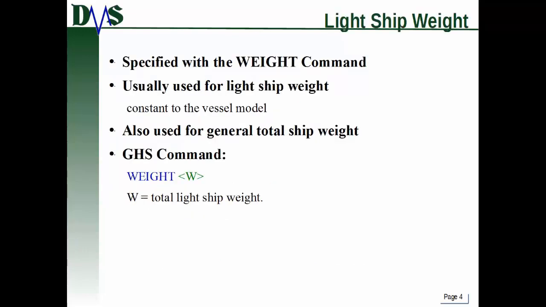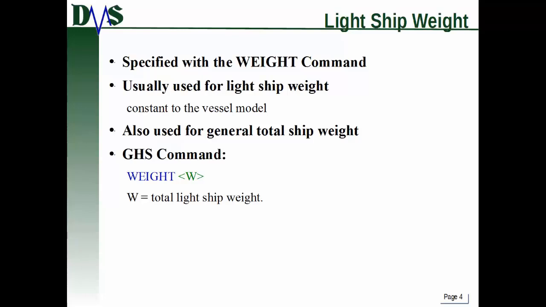Okay, so let's talk about light ship weight. This is specified using the GHS weight command, and this is usually used only for the light ship weight. The idea is that the light ship weight is a constant for each vessel model, but you can also use it to specify the general total ship weight.